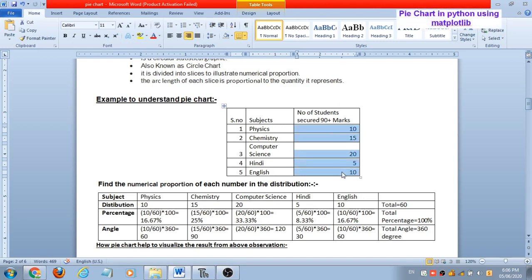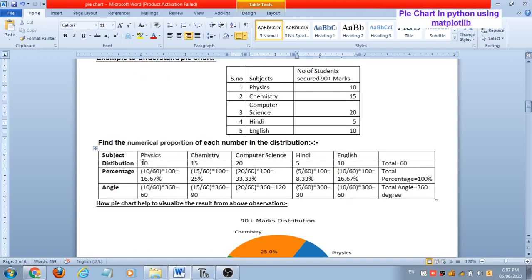What a pie chart does is basically consider this whole distribution as 100% and then divide that 100% in proportion to the quantity of each item. Suppose this is your distribution.